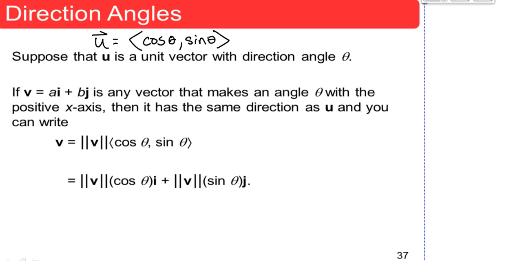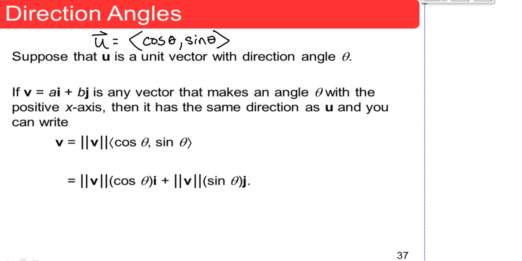So if that's the unit vector and we want to use any vector v, then does it make sense that that cosine theta, sine theta will give us the direction, and we can use the magnitude of v to find the length of that.